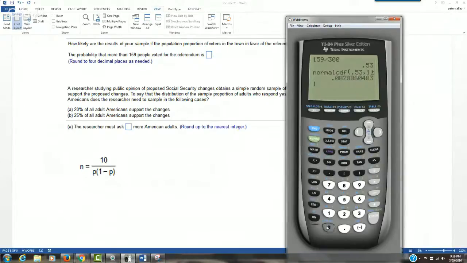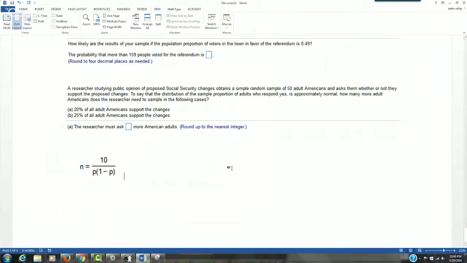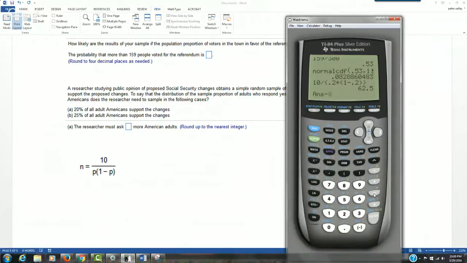I want to take 10 divided by the 0.2 times 1 minus 0.2. See if I did that right. I got enough parentheses. Okay, now I do. Okay, so I need to talk to 62.5 adults. They talked to 50. So I need to talk to 13 more people. That's it.